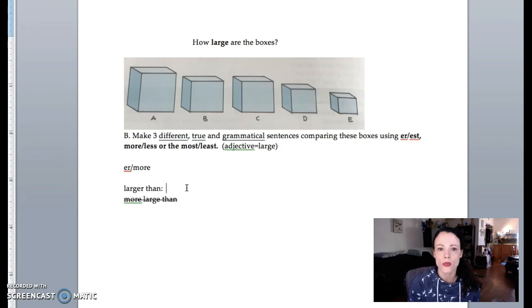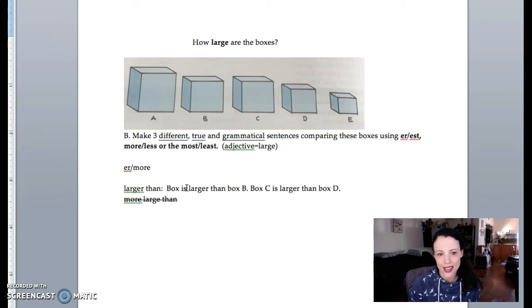Which ones are larger? We have many choices. Box A is larger than box B. Box C is larger than box D. So many different things we could say, right?